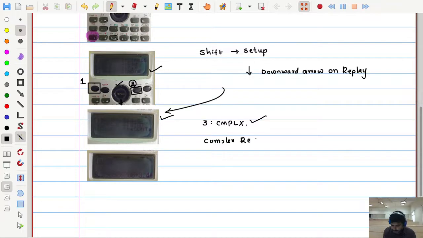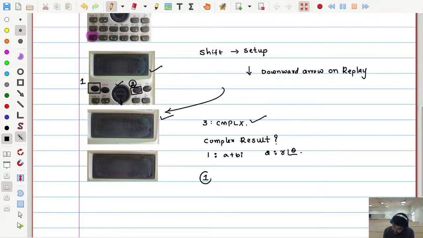One is a plus bi, meaning rectangular form. Two is r at an angle theta form, meaning polar form. Which form you want depends on your requirement, so choose either 1 or 2. I'll be choosing 1.